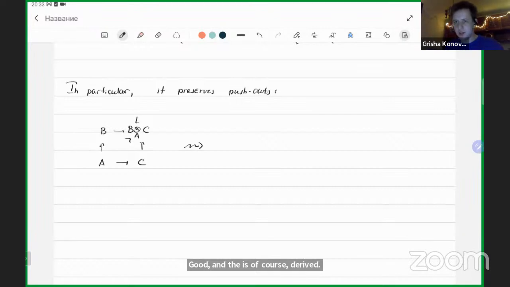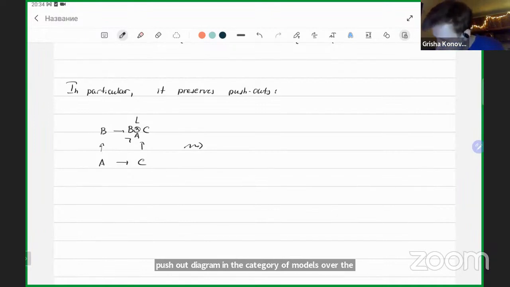Such a push-out diagram gives rise to a push-out diagram in the category of modules over the tensor product. And the diagram is the following.